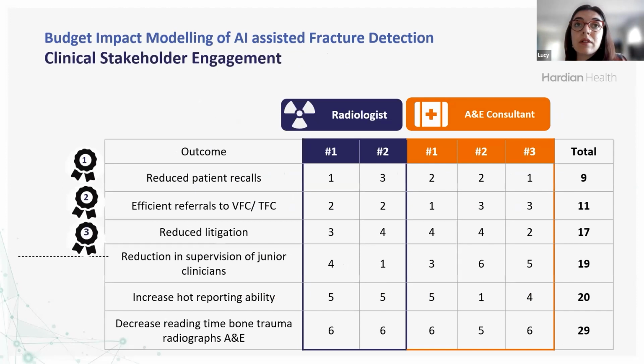Move on to the next slide. And part of that, we got them to rank the outcomes in terms of clinical need or importance. The outcomes that came out on top were the reduction in patient recalls, efficient referrals to virtual and traditional fracture clinics, and the reduction in litigation.